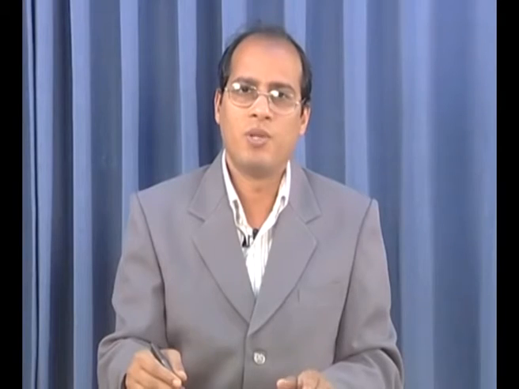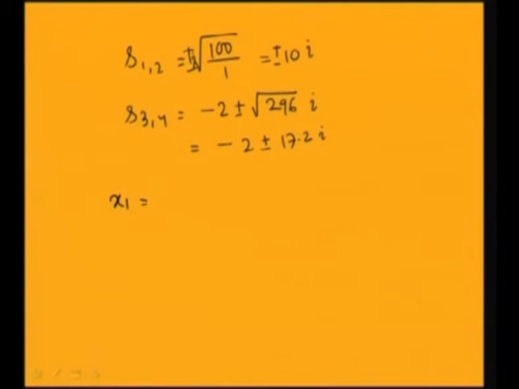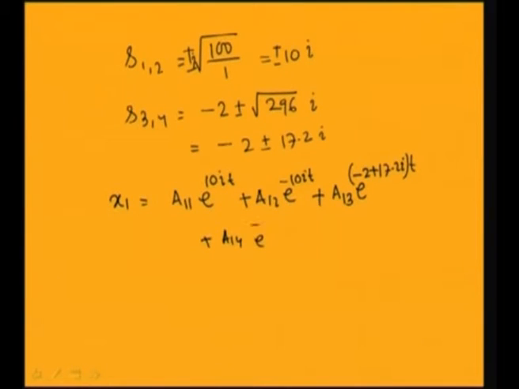These imaginary roots will give oscillatory motions, and you can write x1 in this form: a11 e to the power 10 i t plus a12 e to the power minus 10 i t plus a13 e to the power (minus 2 plus 17.2 i) t plus a14 e to the power (minus 2 minus 17.2 i) t.